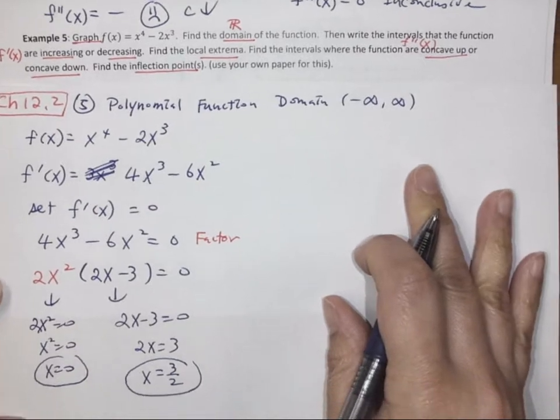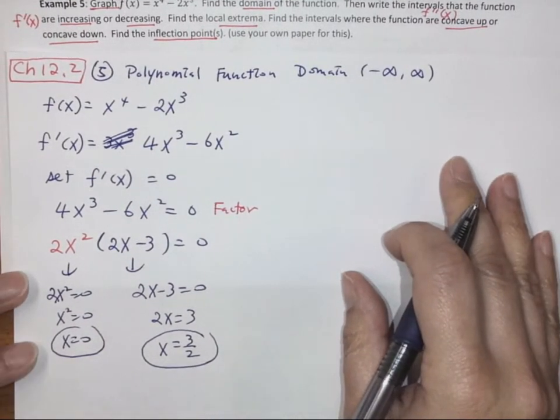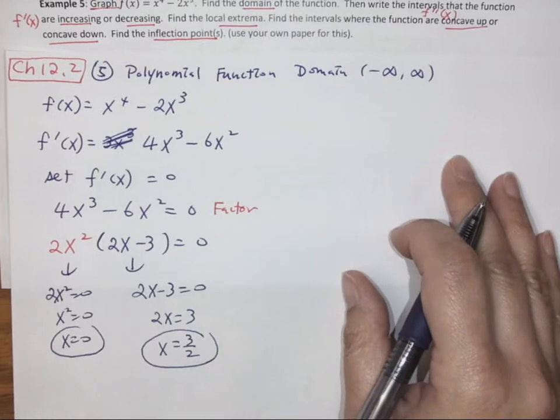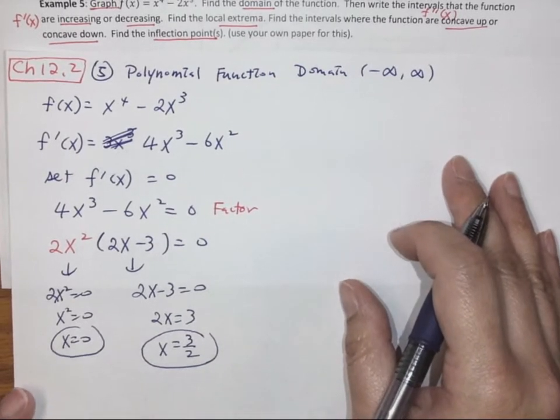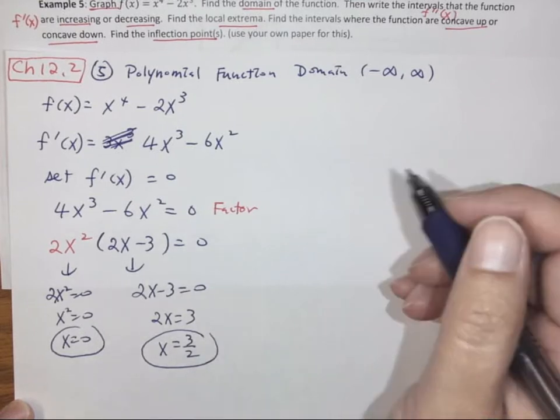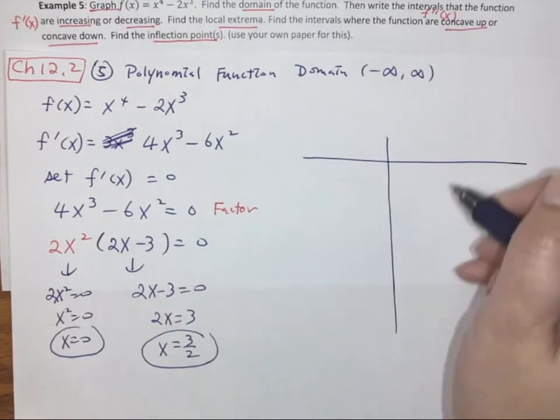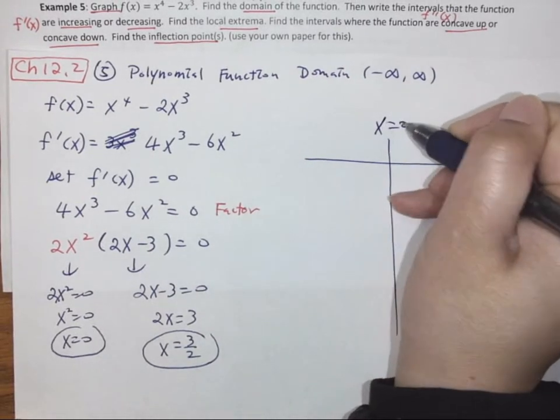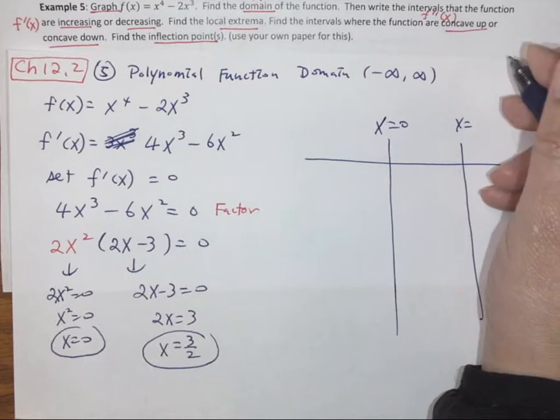So if you need to pause the video and catch up, please do so. So those points are going to help me figure out increasing and decreasing, right? So let's try it. x equal to 0, x equal to 3 halves or 1.5, right?